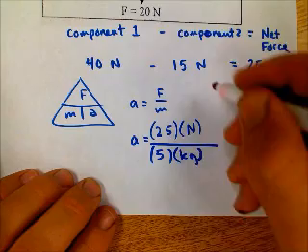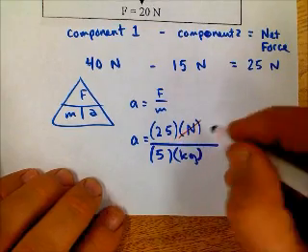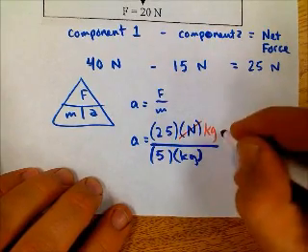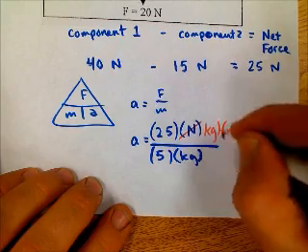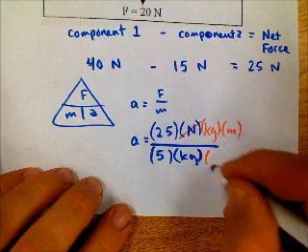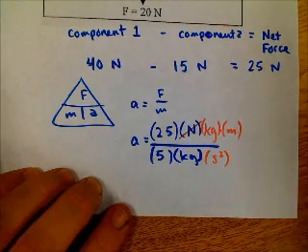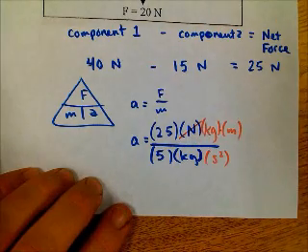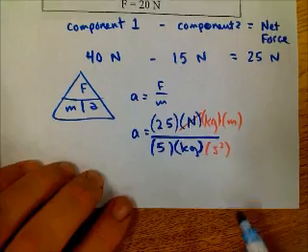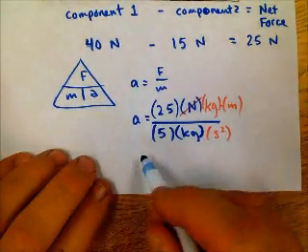We said before that 1 newton is the same as a kilogram times a meter divided by a second squared. And that is always going to be the case. So instead of saying newtons here, I'm going to change the units to kilogram meter per second squared.